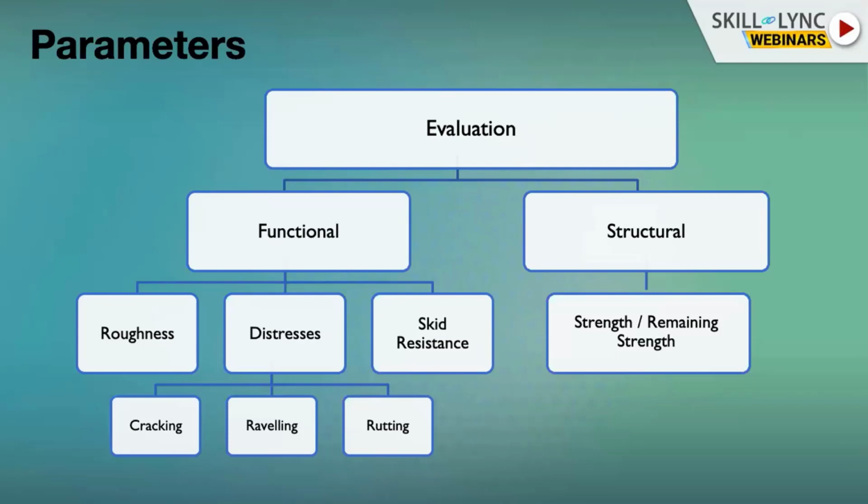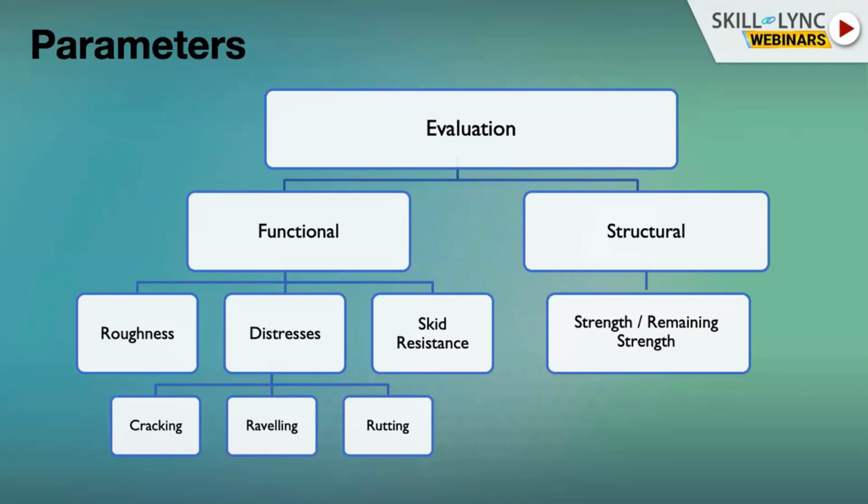The first parameter that we evaluate is roughness. Roughness is a parameter that is used to measure the comfort of your journey, the riding quality of your journey. We will talk about this in detail in the next slides, but roughness is basically the parameter to measure the comfort of your journey.